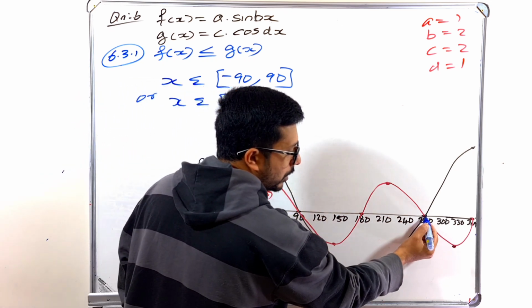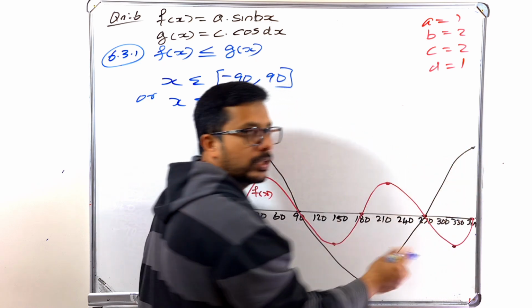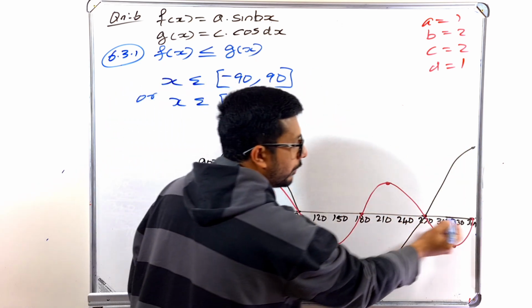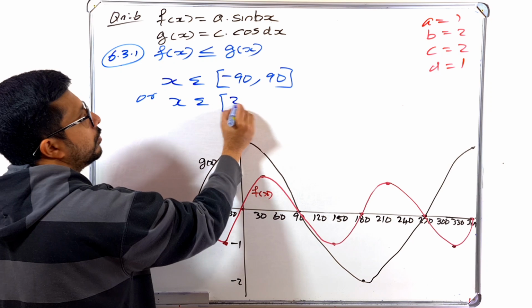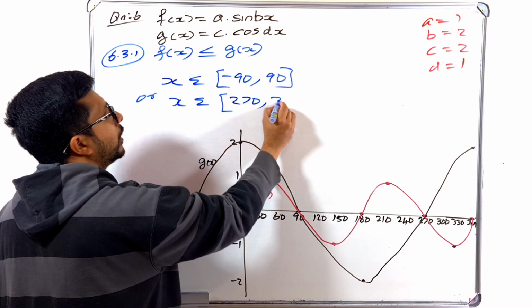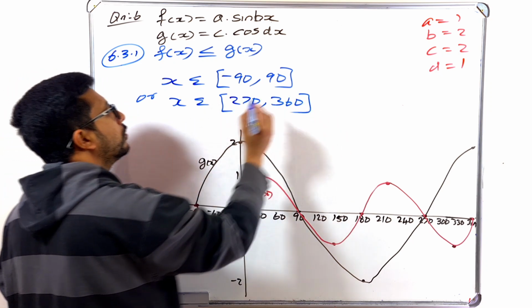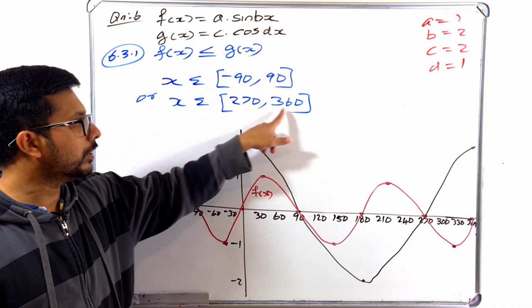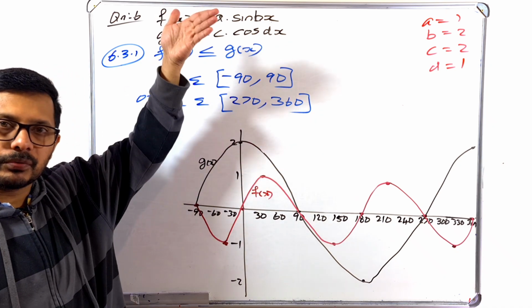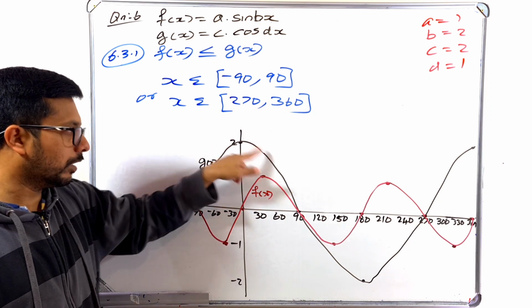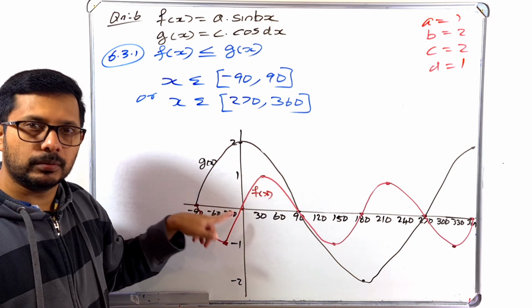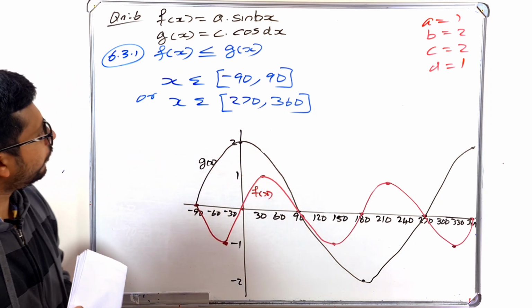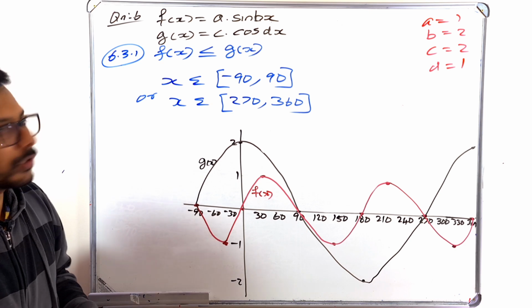But after 270 again g of x is on top, so 270 to 360. So between minus 90 and 90, and between 270 and 360, the g of x graph, the black graph, is on top of the red graph. So that is the answer of the first question.